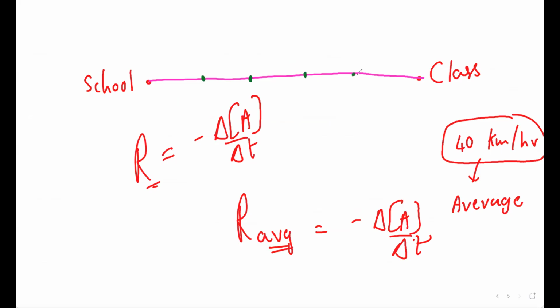Do you know, beta, when you go in a vehicle, there are speed barriers. They have written this much should be your speed, but if you cross that speed, you get a challan at home with the picture of your car. So what they do is measure the speed at that particular point. They have fixed cameras.